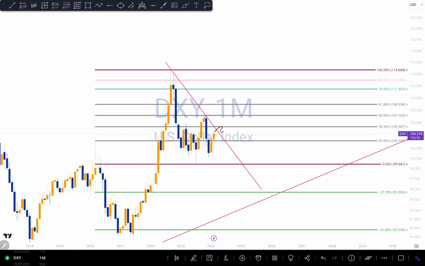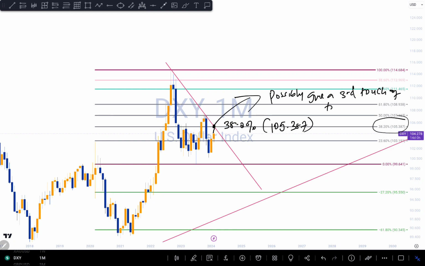So there's still a possibility we might push a little bit to my 38.2% fib level, which is 105.387. We might actually push up to that level and possibly give a third touch of the trend line before tanking to the downside, because I'm still predicting the XY to at least get to 95.550. That is still my prediction on the XY, guys.